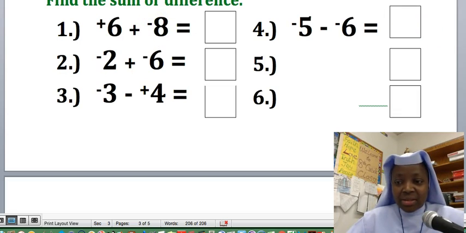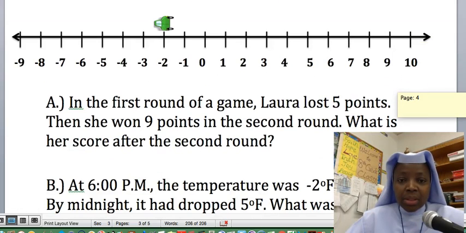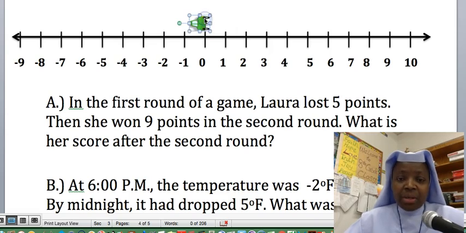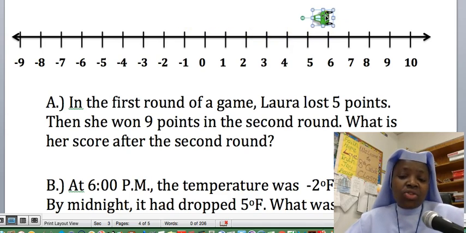Okay, let's try it. All right, here is the car. It has to start from 0. Starting from 0, we go 0, 1, 2, 3, 4, 5, 6. That's 6 units forward. Keep the direction, do not turn the car. That's addition.